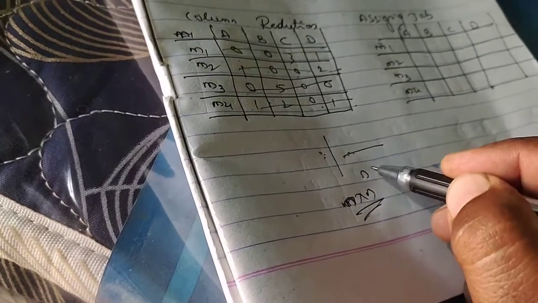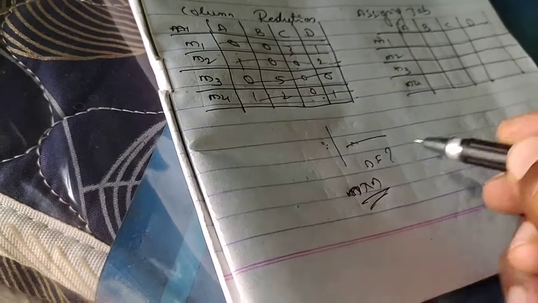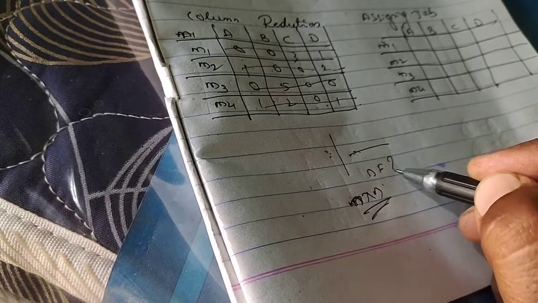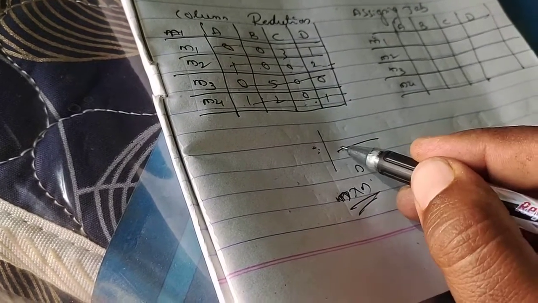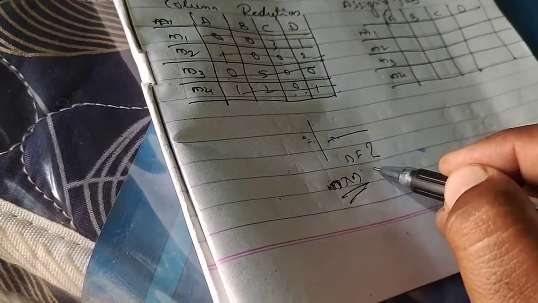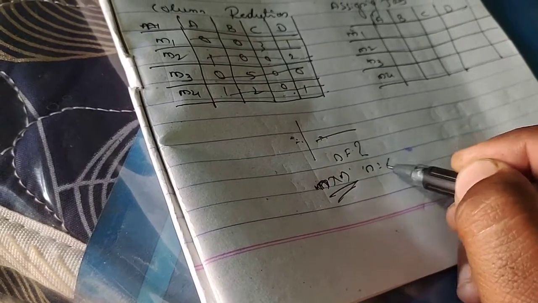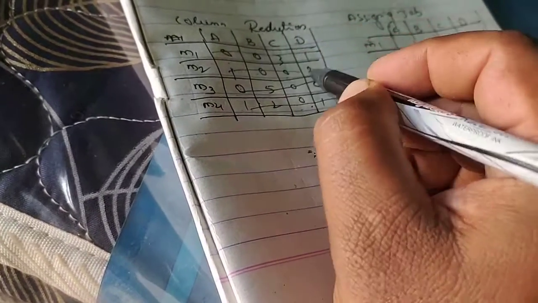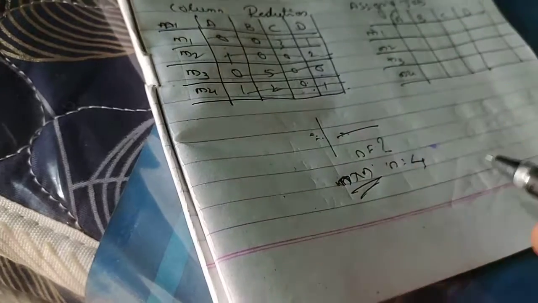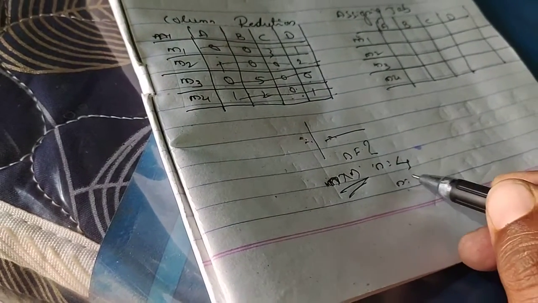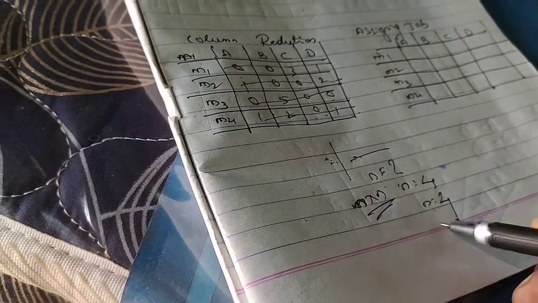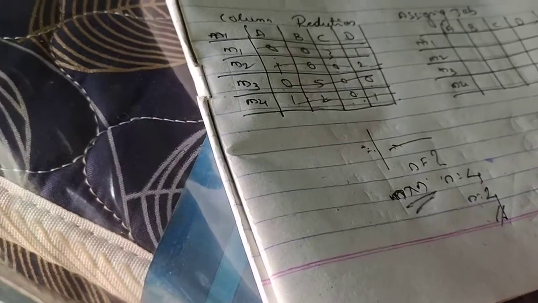Here n is equal to 4, and the strike lines are all horizontal lines, so the number of strike lines is also 4. Now our condition is satisfied.